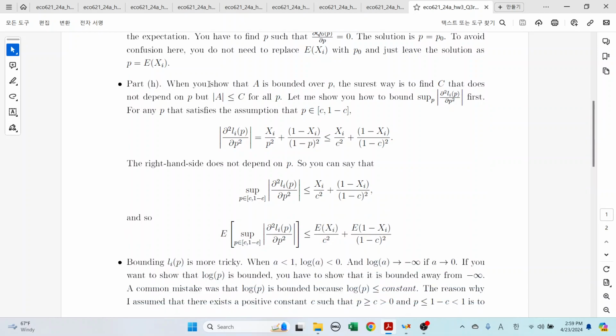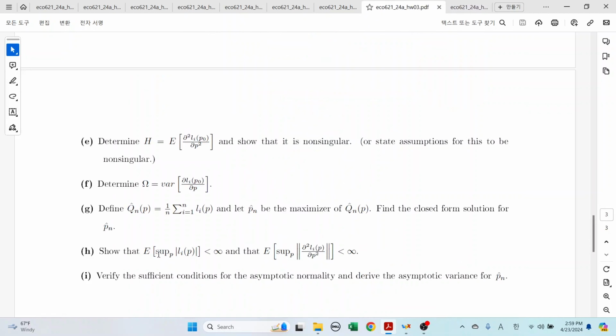If you want to show that A is bounded for any value of P, what we want to do here is take the supremum over P. This is a function of P, and you take the supremum over P, so choose the P that maximizes this value.